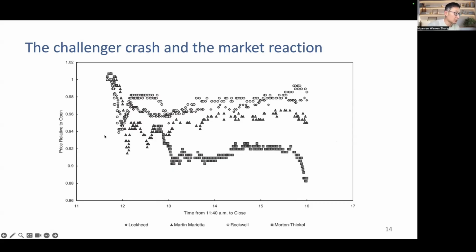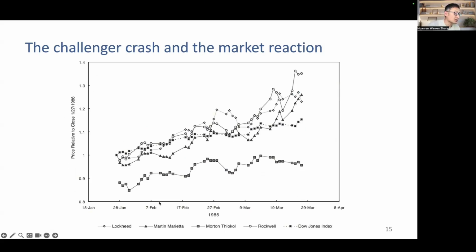Right? So in the morning, after this news was released, we see the drop. But during the closing times, we see Morton Thiokol has a dramatic decrease. It decreased by more than 10%, close to 12%.